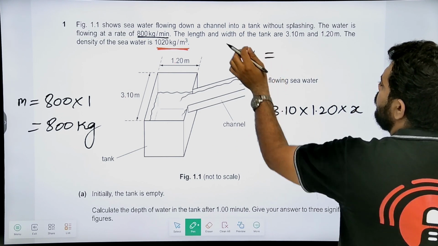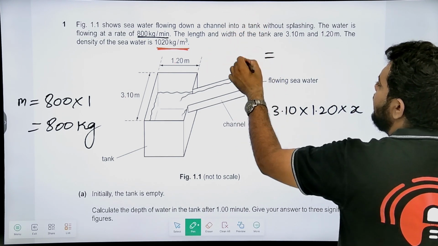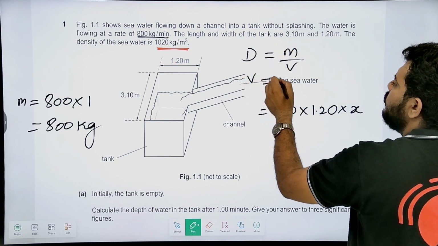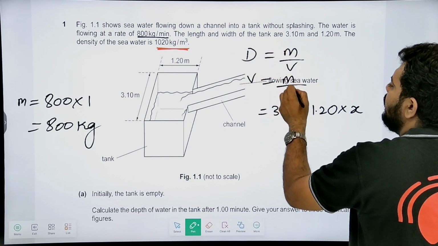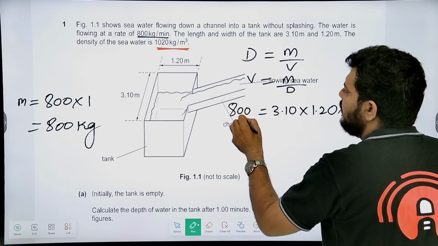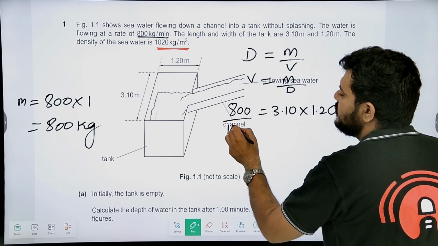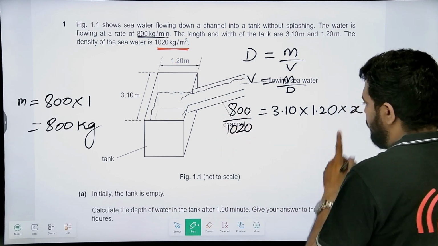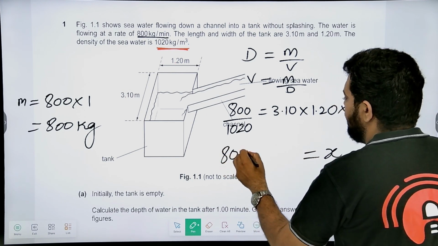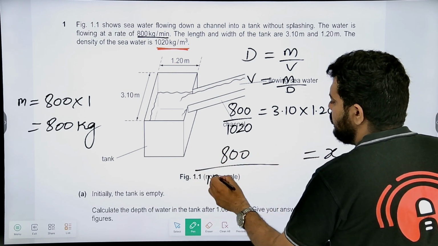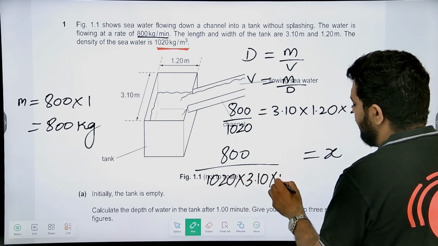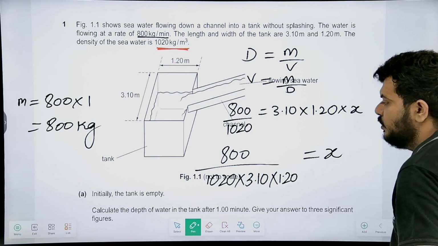Density is equal to mass upon volume, and I want to find volume, which is equal to mass upon density, right? So mass upon density, 800 divided by 1020. You can find the value of x now by writing it as 800 upon 1020 multiplied by 3.10 multiplied by 1.20.